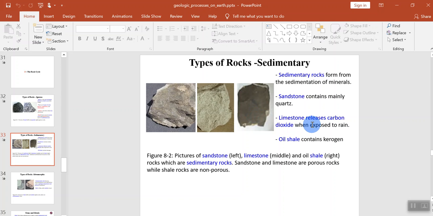Actually, rain absorbs carbon dioxide and becomes slightly acidic. When it falls on limestone, it dissolves limestone, so it produces caves, and so on. Oil shale contains kerogen, oil, petroleum.